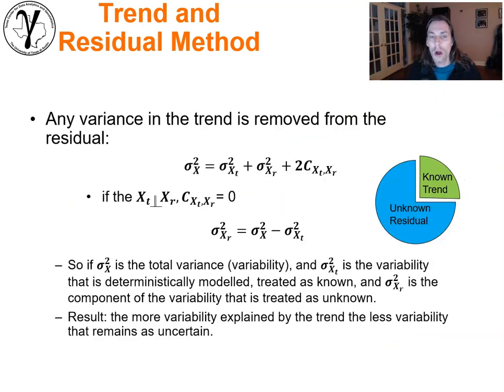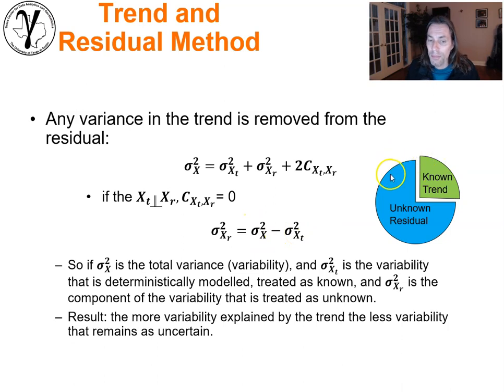There's a very important concept related to trend modeling, and that's the additivity of variance. In fact, the total variability of our feature is equal to the variance captured by the trend plus the variance in the residual that remains, plus 2 times the covariance between the trend and the residual. Now, if the trend and residual are independent of each other, that symbol indicates independence, then that covariance between the two should be 0. In that case, we can say that the variance of the residual is equal to the variance of the problem minus the variance put into the trend.